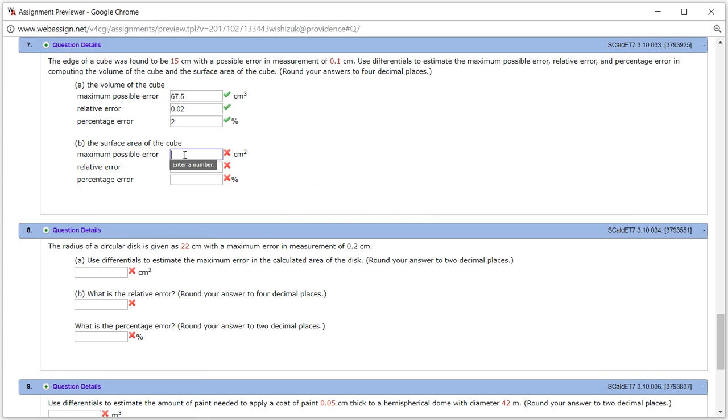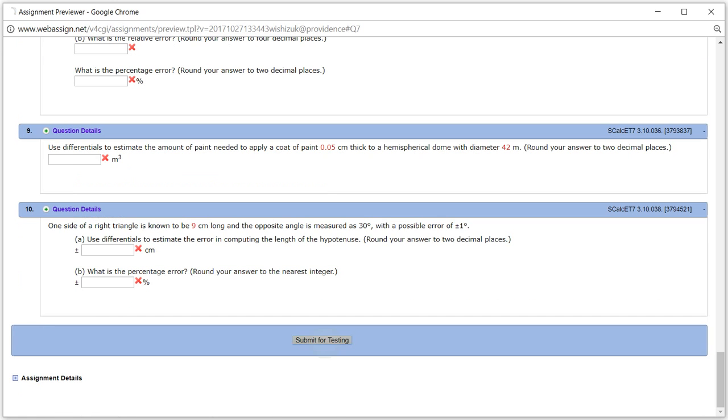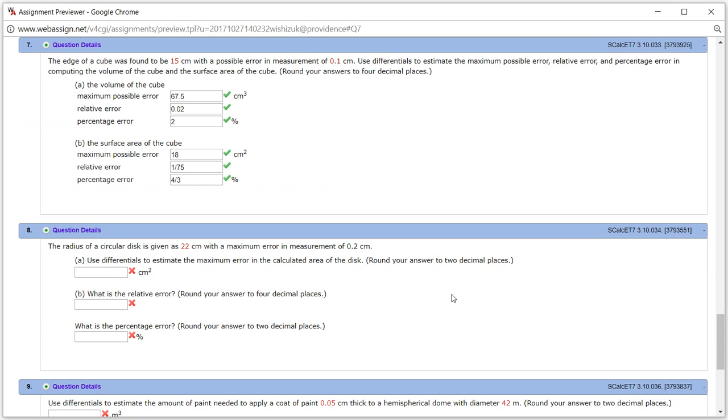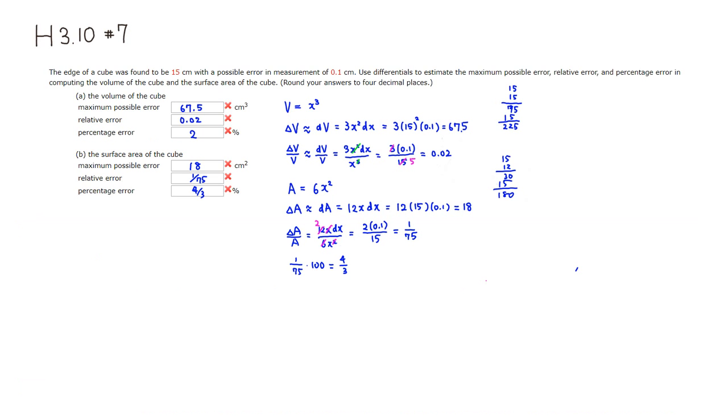We got 18 here, then 1 over 75, and percentage-wise it's 4/3. Let's submit for testing. It came back and looks like we got this one correctly. That's it. I hope that this was clear.